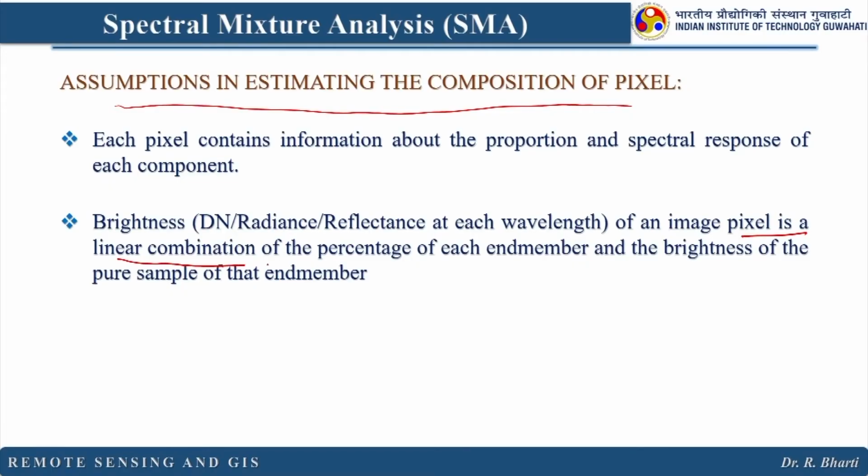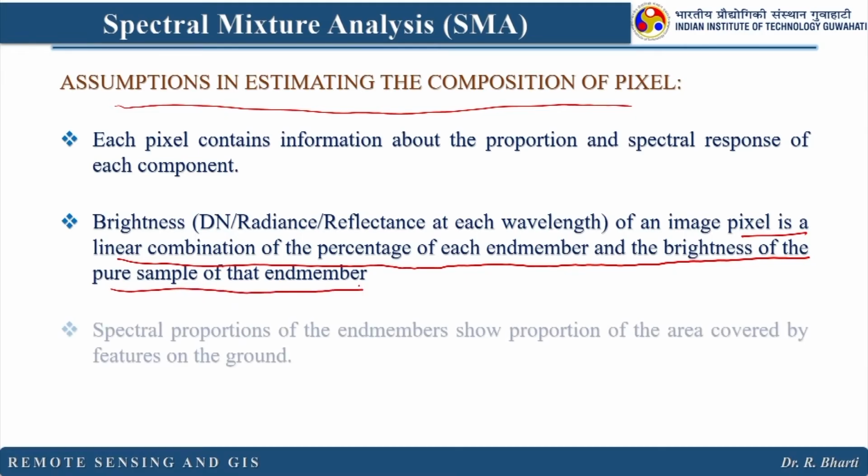Now what are the assumptions we make in estimating the composition of pixels? Each pixel contains information about the proportion and spectral response of each component within the field of view. Then the brightness of an image pixel is a linear combination of the percentage of each end member and the brightness of a pure sample of the end member. Spectral proportion of the end members means the proportion of area covered by features on the ground.